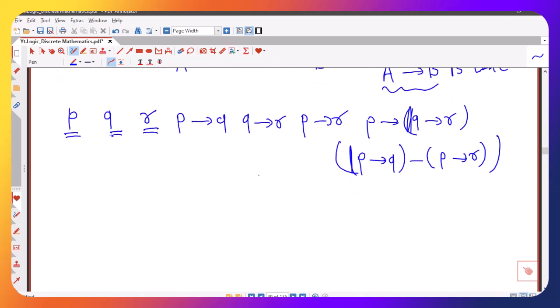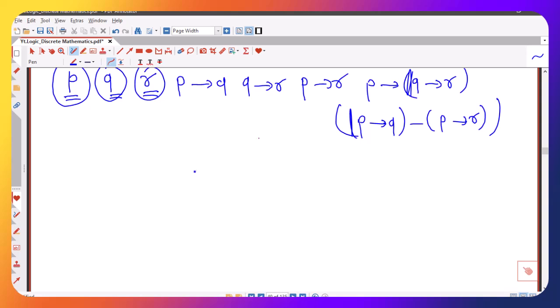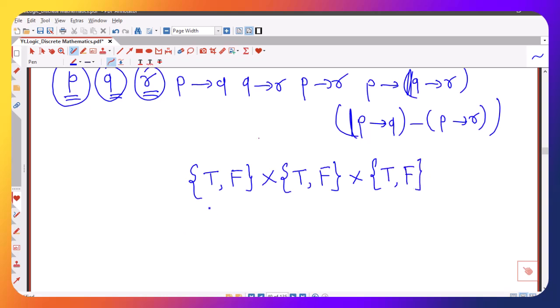So first we write down all possible combinations of truth values of P, Q and R, and we know that for each statement variable there are two possibilities: either it is true or false. So we have three statement variables, therefore we consider the Cartesian product of this set with itself 3 times.